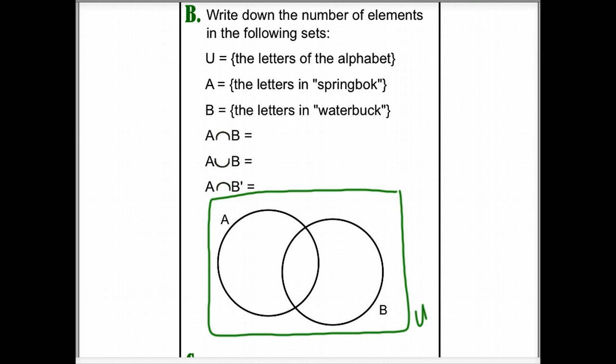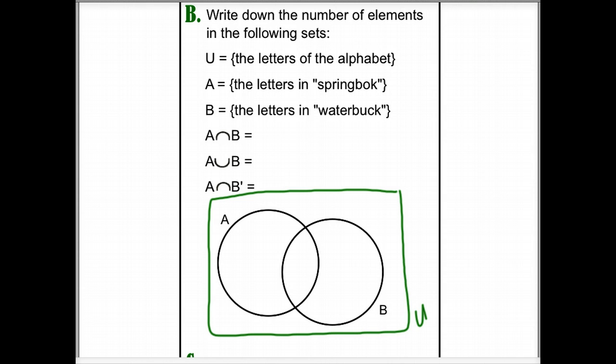I want you to take a minute to put the letters in the proper locations and then enter into Edpuzzle A intersected with B, A union with B, and A intersected with B complement. Then you can press play to check your answer.